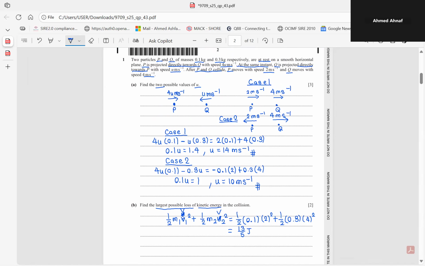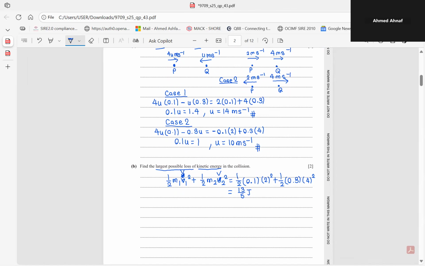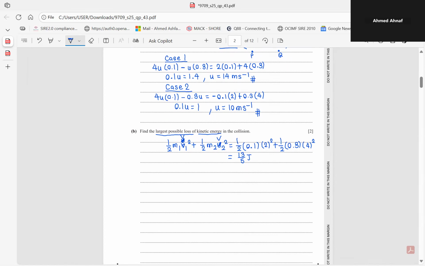And for that to happen, both the speeds of P and Q should also be as large as possible. So hence we're going to choose the larger value for U, which is 14 meters per second. So substitute that.